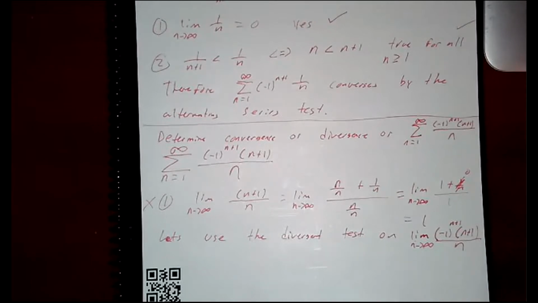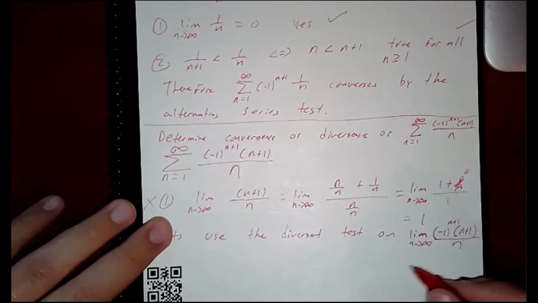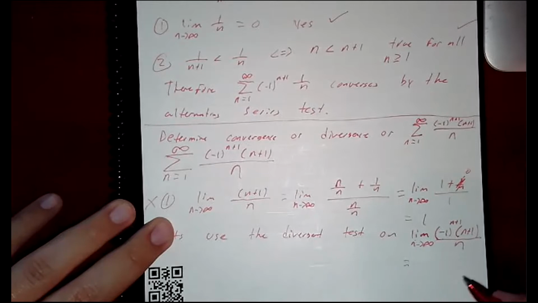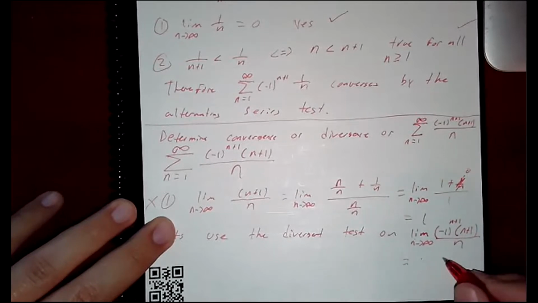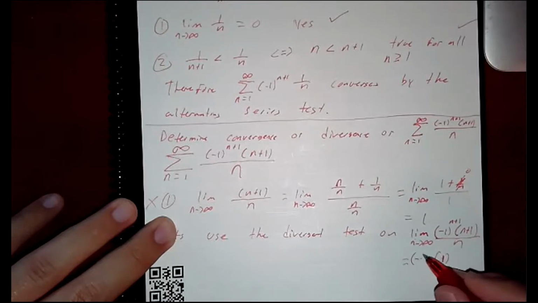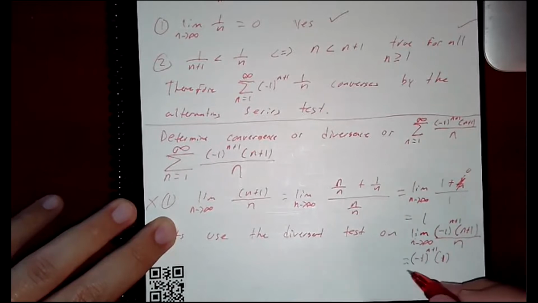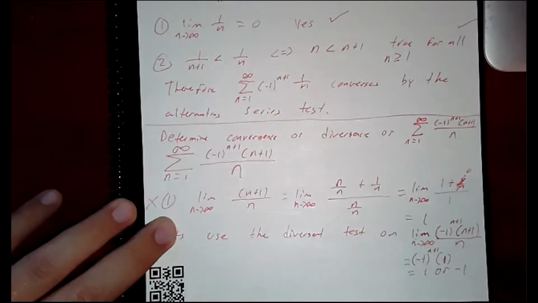Now, if we take the limit, it's going to turn into this, right? Except it has a negative 1. Isn't this the exact same thing? Yes. So the limit is equal to 1 for this piece, times the negative 1 to the n plus 1. So it's going to keep cycling forever between 1 and negative 1, right?